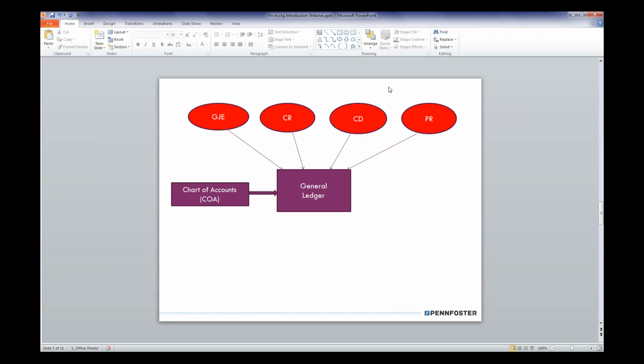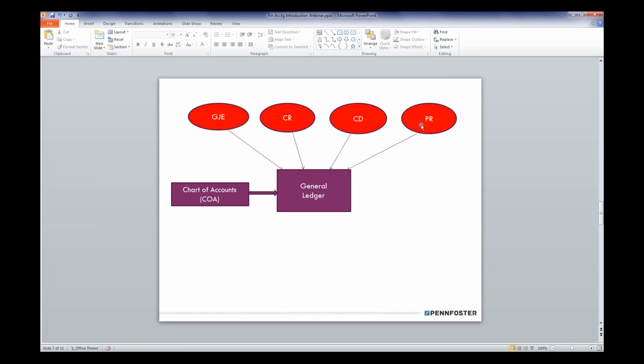Now here's the thing, a journal is a journal, okay? The only reason you have journals is to capture the information. And as a bookkeeper, it's up to you to decide how you're going to group that information together. Of course, you're going to be guided by the accountant. You're not just going to create any old journal any which way you want. But these are the 4 most common ones.